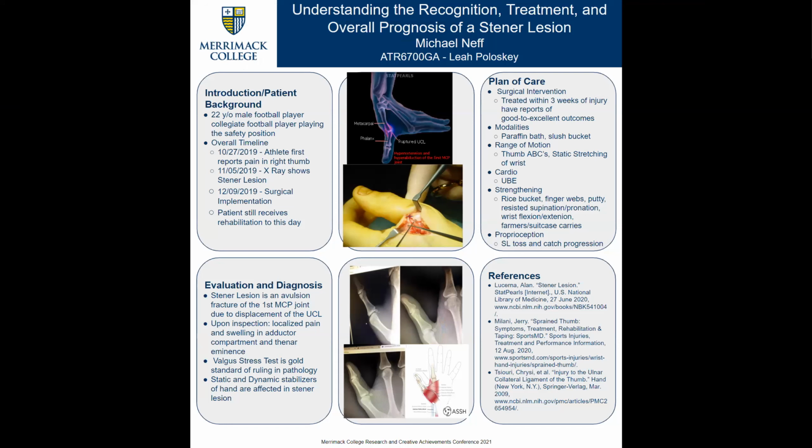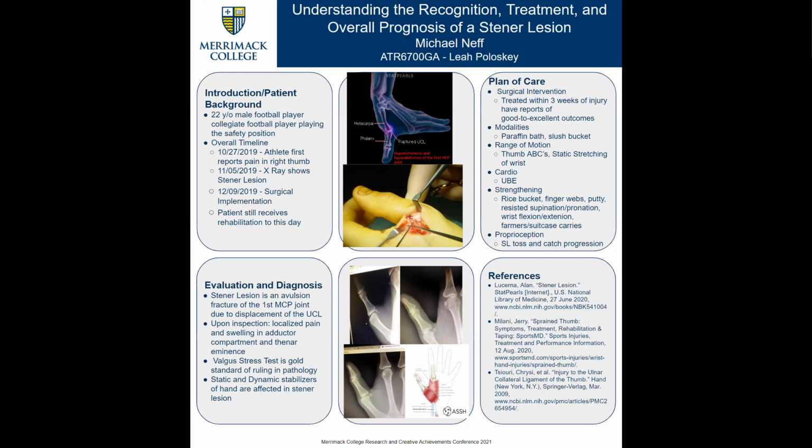While doing my clinical rotation in the fall of 2020, working with Division I collegiate football, I worked with a 22-year-old male football player who was playing at the safety position. His overall timeline of this specific pathology: he first reported pain in his right thumb on October 27th, 2019.